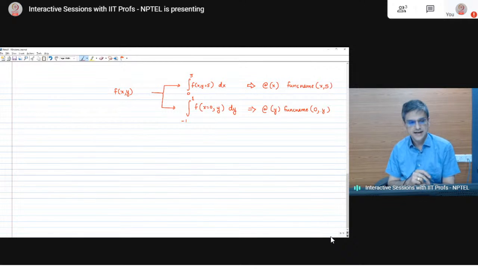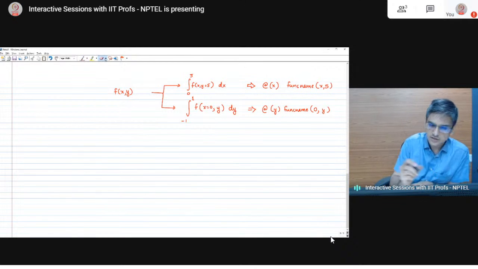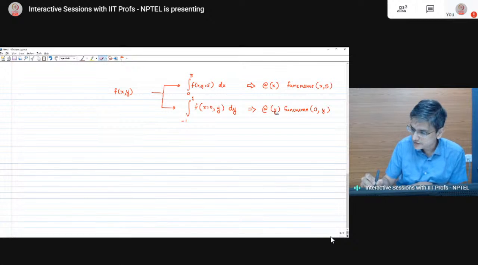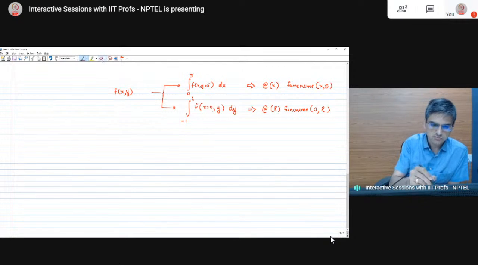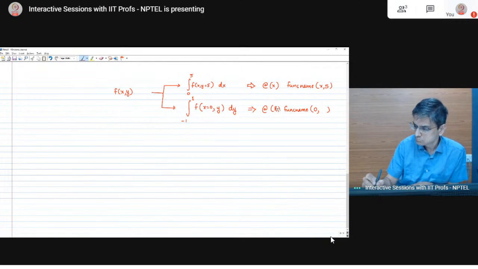Note that x and y are dummy, which basically means you can very well replace y with anything else. I can call this as r. Of course Matlab doesn't allow Hindi names, but if it was allowing Hindi names, you can call this as k and this also k, and it would still be okay.